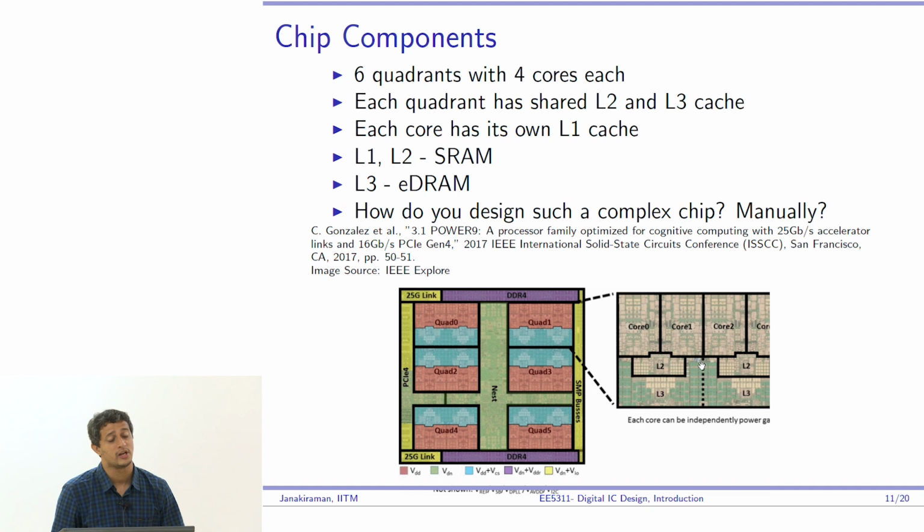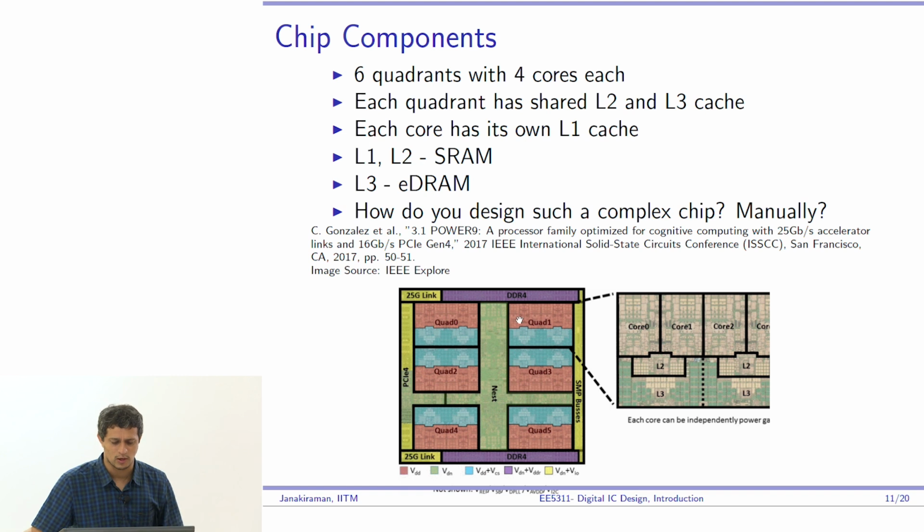And what's not shown here is that in each core you have an L1 cache. So it's actually more than 50% of the area that is allocated to memories in terms of caches in today's microprocessors. Okay, so a small portion of this is actually the compute element, which is the ALU. Very small portion, right?